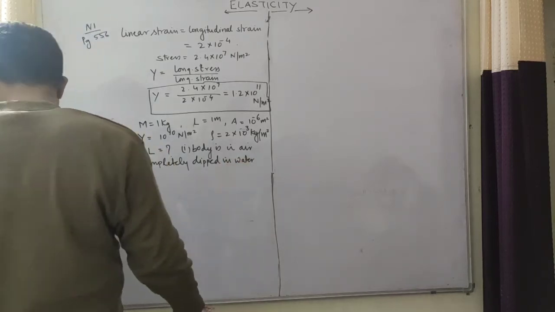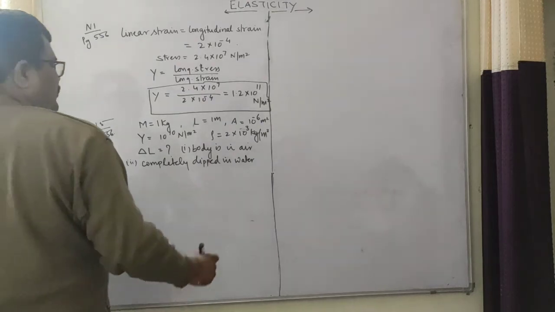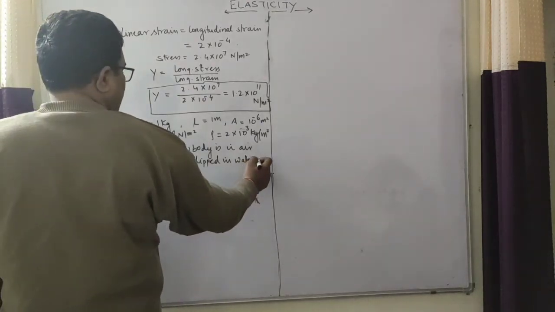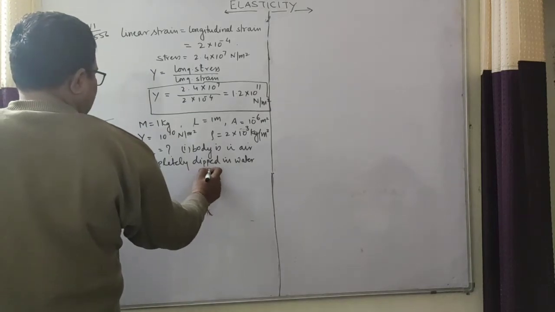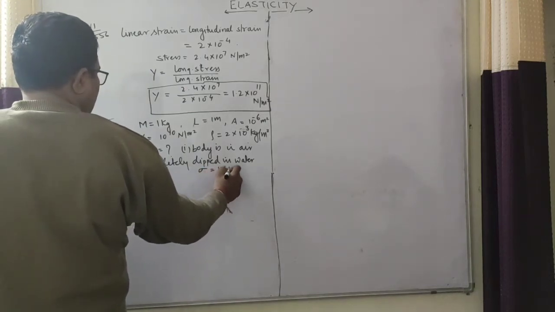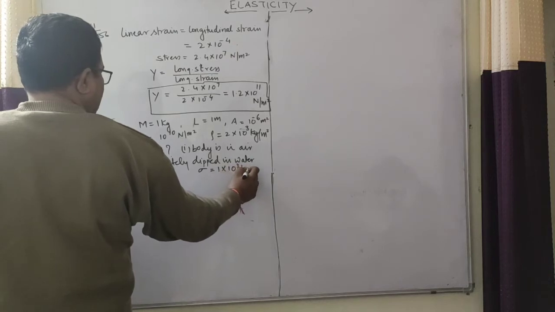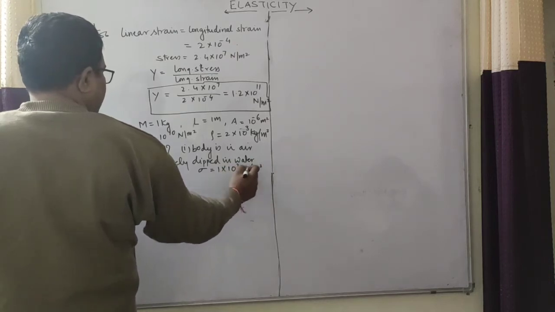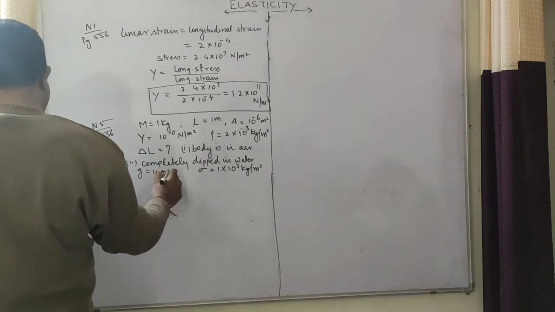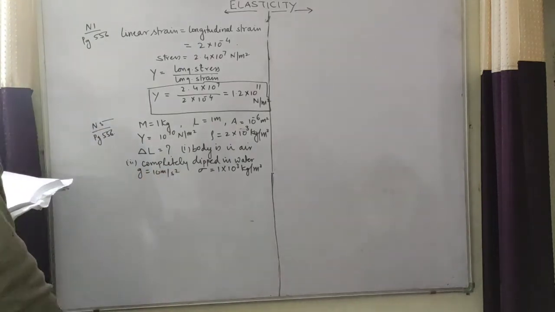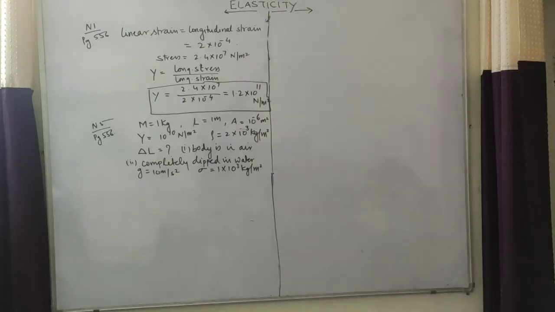Water has a density of 1 into 10 to the power 3 kilogram per meter cube. So here the density of water, I am taking it as sigma, 1 into 10 to the power 3 kilogram per meter cube is given, and acceleration due to gravity is also given as 10 meter per second square. Now this is the question.